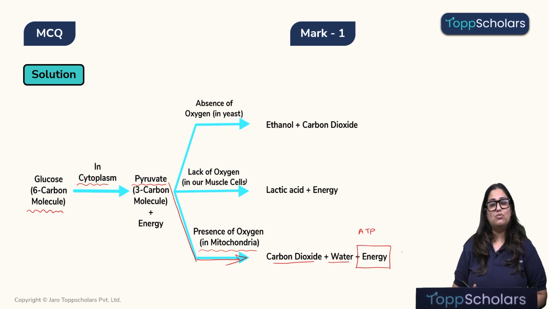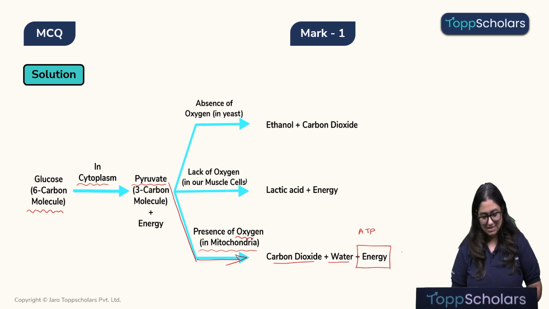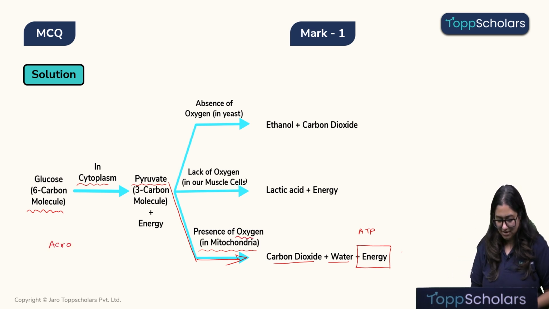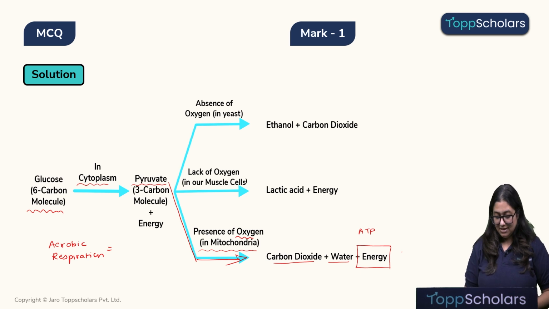This breakdown of glucose that takes place in mitochondria in the presence of oxygen is known as aerobic respiration, which generates the highest amount of energy. If I give you the data, that is 38 molecules of ATP.